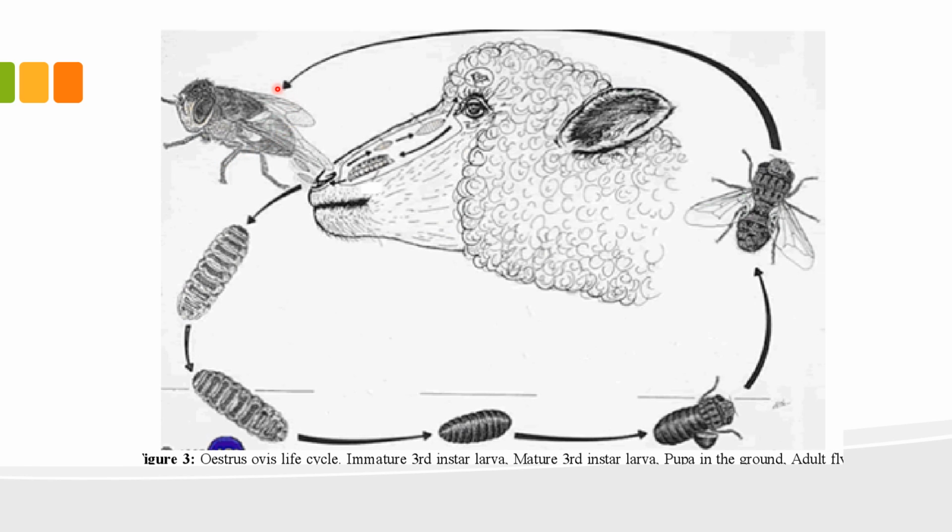So we have here a diagram showing the life cycle of Oestrus ovis, the nasal botfly.